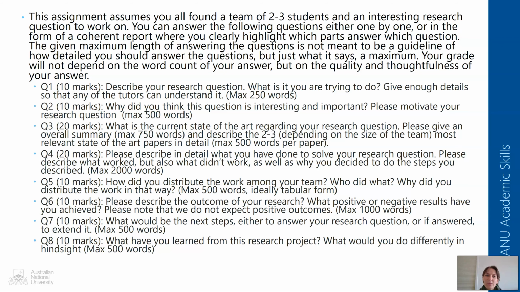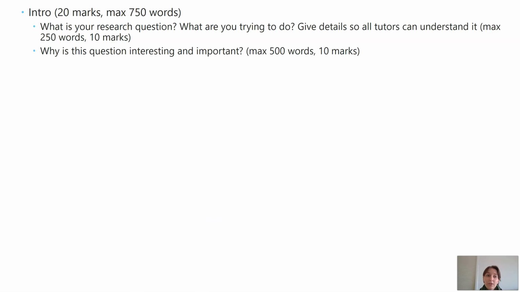I've actually taken these sections and thought about how you might structure that in a report. So you might think of it as being like a typical report where you have an introduction. First of all, talking about what is your research question, what are you trying to do? Do make sure that you give enough information so that your tutors understand. They might not be experts in your particular question, so you need to explain in enough detail what you're doing so that they can follow it.